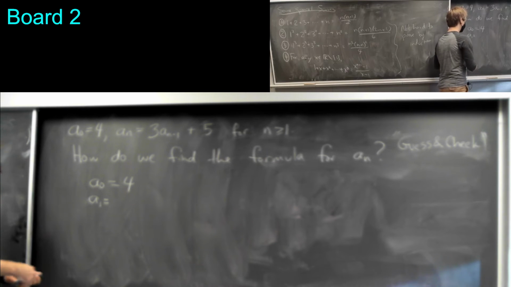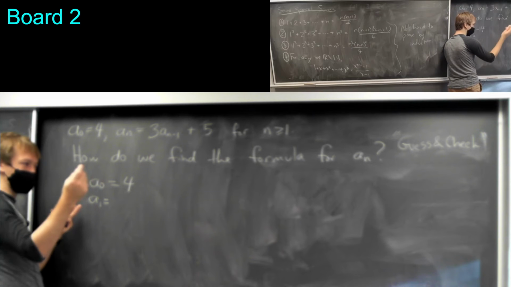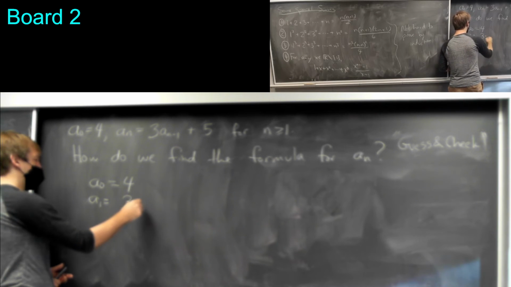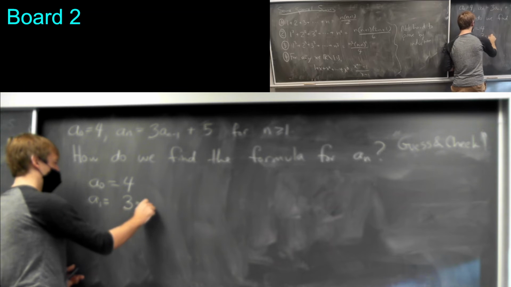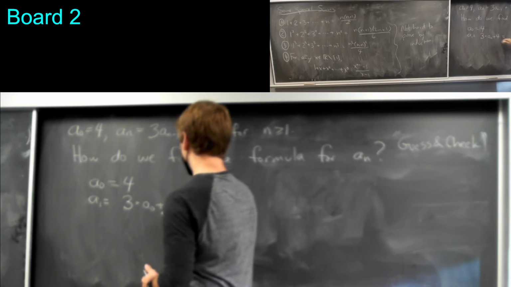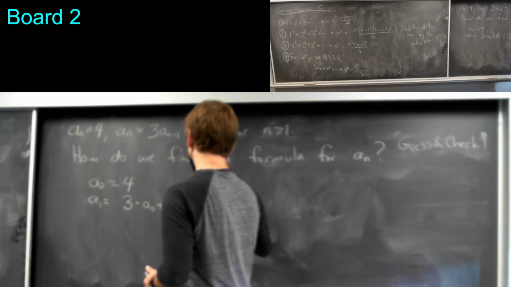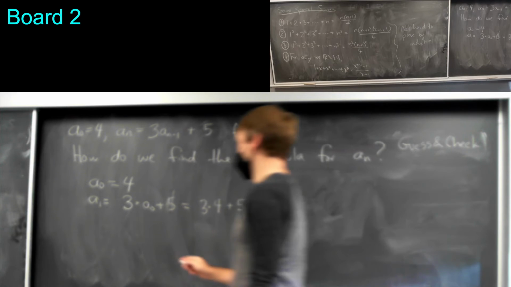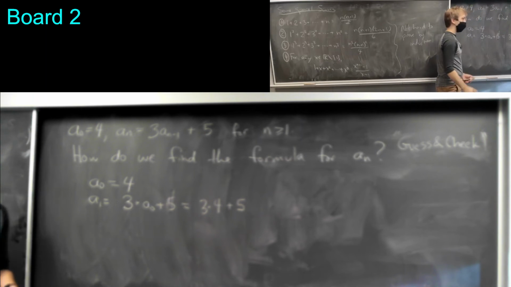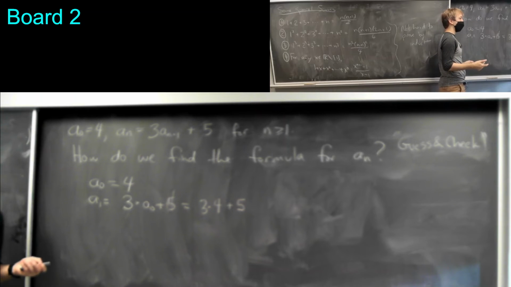The better thing to do is leave it as an algebraic expression. I know that's extremely vague, so let me demonstrate. A1 is 3 times A0 plus 5, which is 3 times 4 plus 5. I could write 17 here, but the 17 isn't going to help me very much. So I'm going to leave it like this.